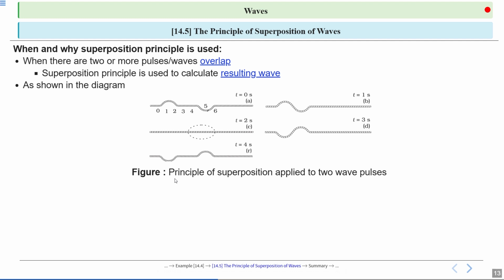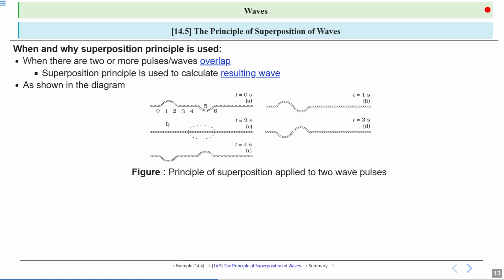So the two pulses are approaching each other from opposite directions. Alright, and their shapes and directions are clearly marked. So A t equal to 0 second, B t equal to 1 second, C t equal to 2 second, D t equal to 3 second, and E t equal to 4 second.